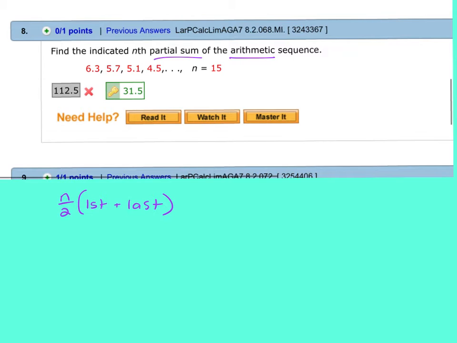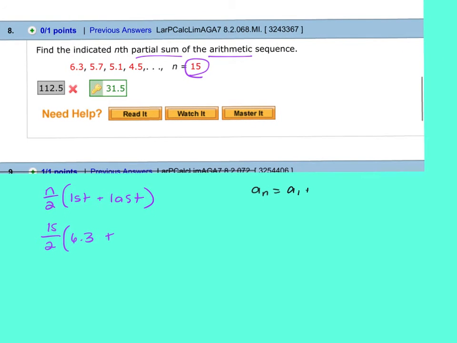So I have n over 2 times first plus last. I have the n, it gives it to me, it's 15 over 2. The first term I've got, it's 6.3. Now the last one is what I don't have. That's what that dot, dot, dot is, right? I don't have it. So what I need to do is figure out what a sub n is using a1 plus d times n minus 1.